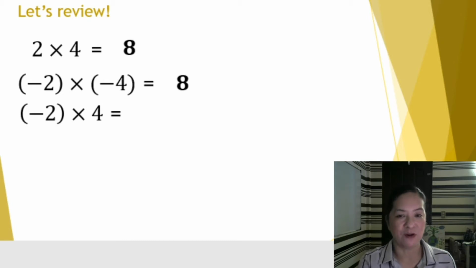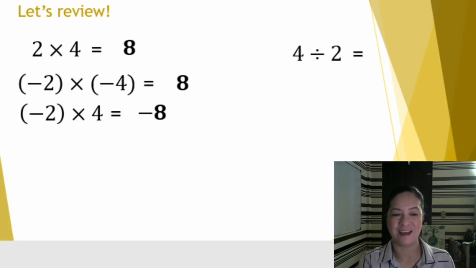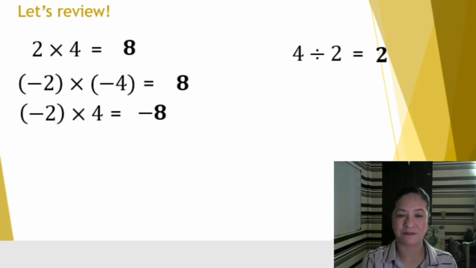Negative 2 times 4. Now we have a negative multiplied by a positive number. So the answer is, alright, it's negative 8. Another one. Oh, we have here division. 4 divided by 2? Okay, that's 2. We are dividing two positive integers.